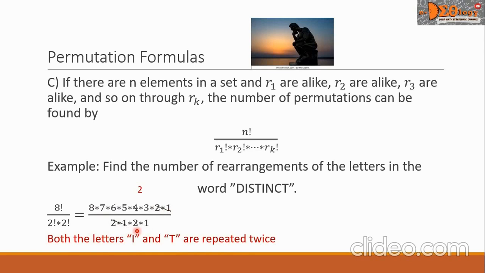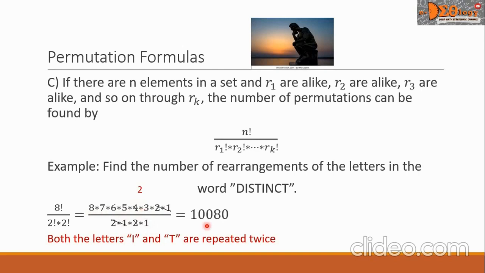And this number 2, we can cancel with number 4, and the number 4 becomes 2. And another number 1 is in the denominator that we can simply ignore. Now let us multiply 8 times 7 times 6 times 5 times 2 times 3.